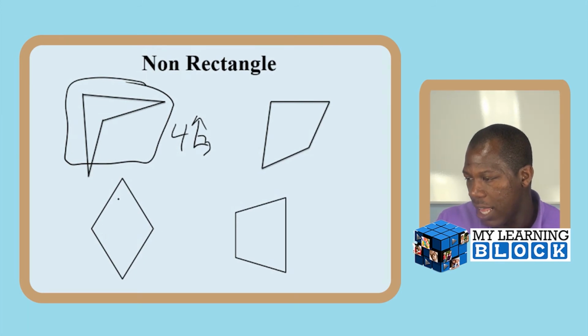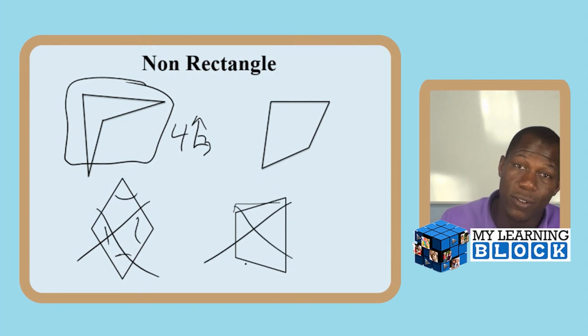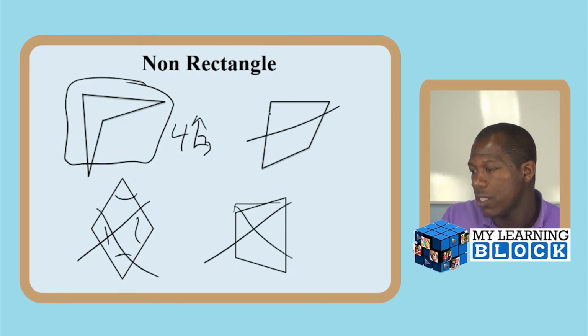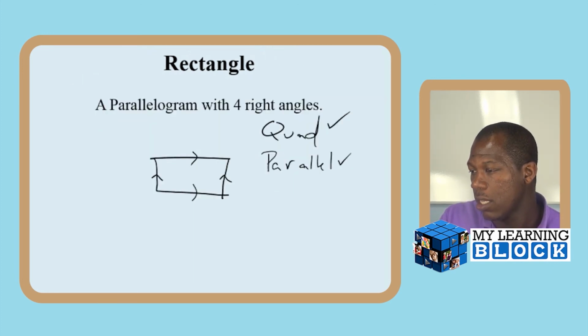This does not have four right angles, so it is not a rectangle. This trapezoid is not even a parallelogram. Neither is this one, so they are not parallelograms. So in order to have a rectangle, remember, we need a parallelogram and four right angles.